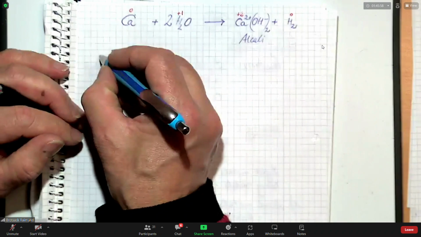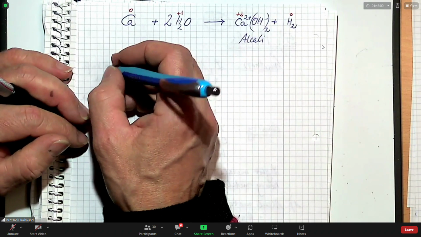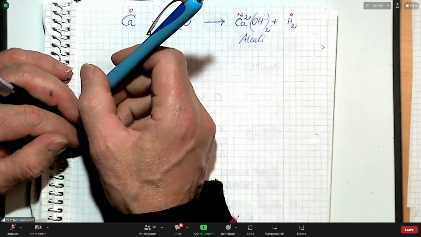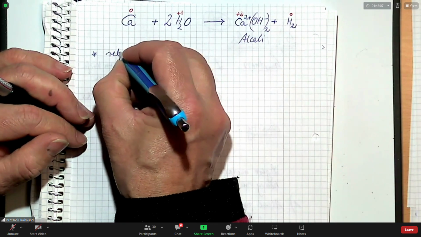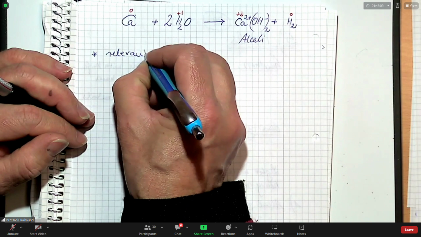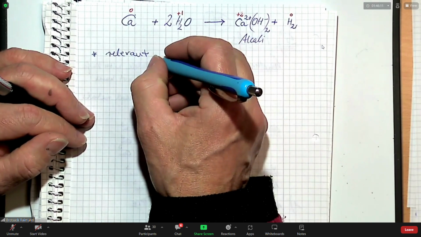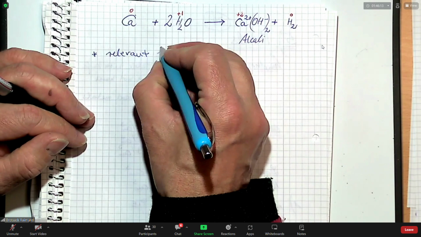So these alkaline earth metals are quite relevant for the building industry.